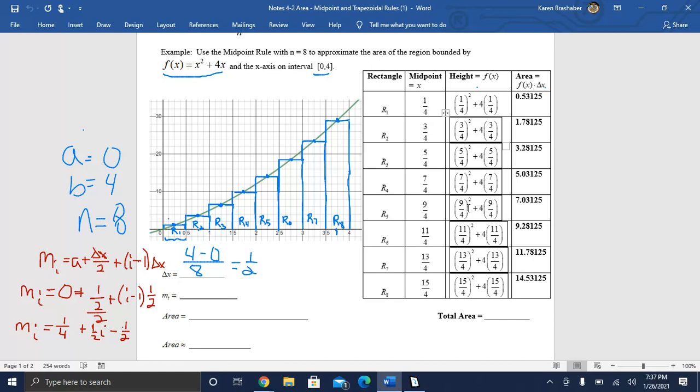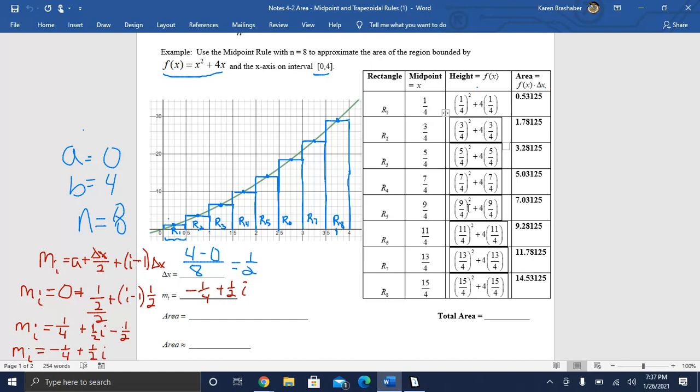And then simplifying our Mi, we could combine like terms. 1/4 and negative 1/2 would make negative 1/4 plus 1/2 I. And so that will be the expression that I'll use as my X value to substitute into the function as I do my summation.